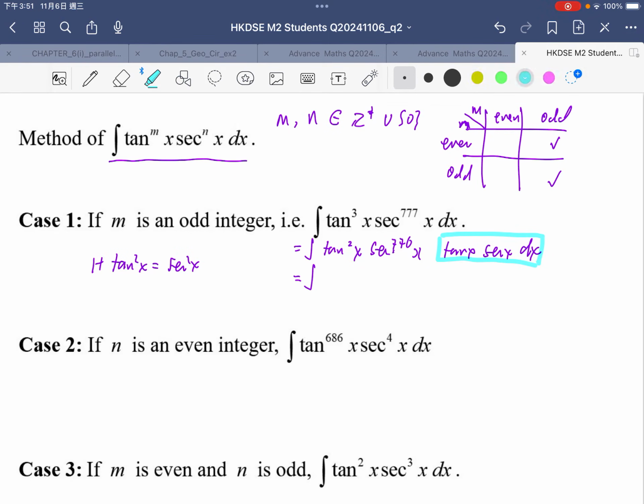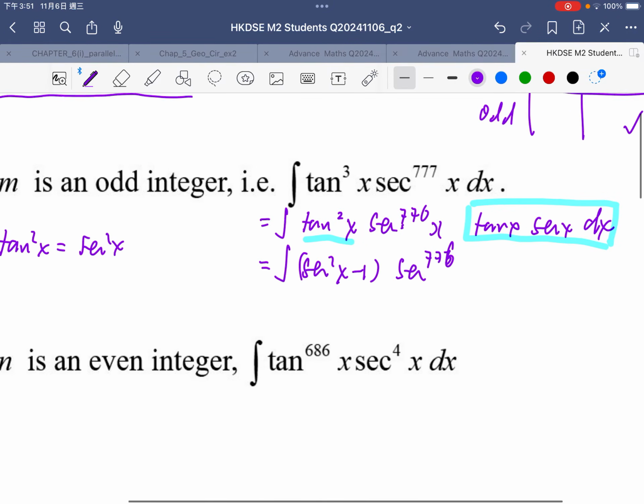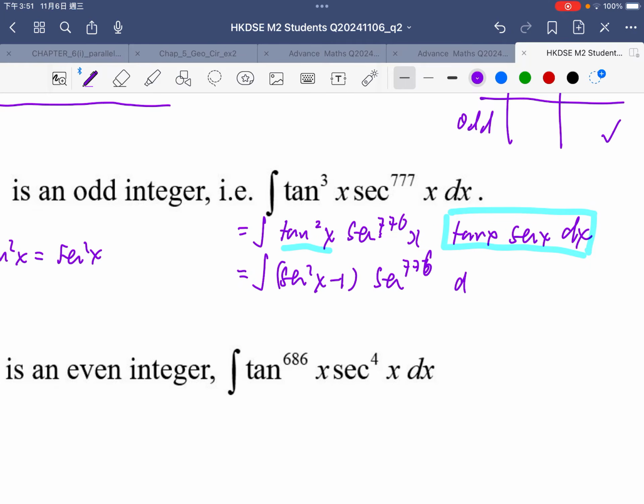Therefore, tangent square here is secant square x minus 1. And then the yellow box, the green, the blue boxes can be rewritten as d secant x. Then expand this polynomial.